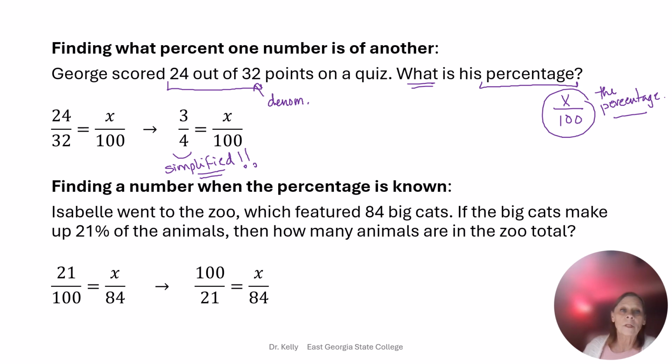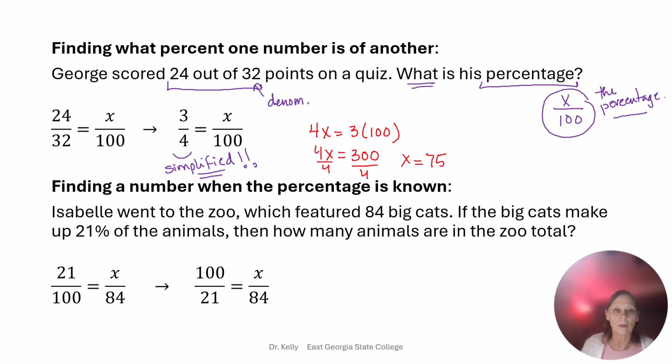And then here we're going to go ahead and do the cross multiplication. So we have 4 times x is equal to 3 times 100. So we have 4x equals 300, dividing by the 4 here, x is equal to 75.